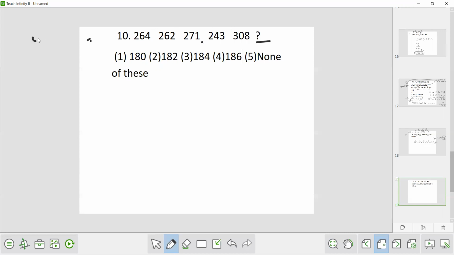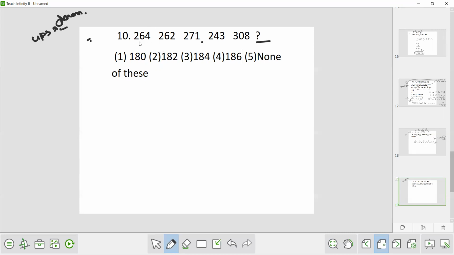So we came to know that it's ups and down. Now, here is 308, and is there any relationship between 243 and 308 in the multiplication part or the division part? No, it doesn't seem to be. Now look at 271 and 243. So we come to know that there must be something getting added or subtracted.